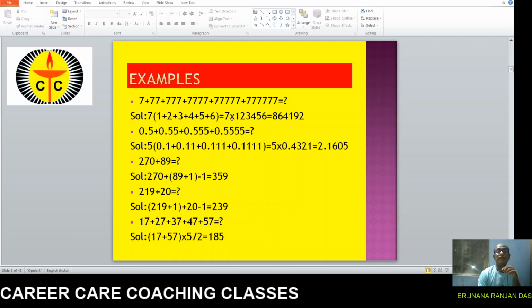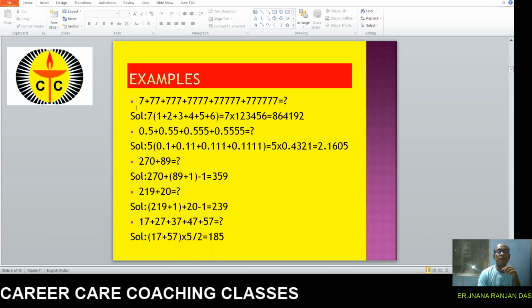That is equal to 7 times the sum of consecutive numbers, we can write 1, 2, 3, 4, 5, 6. And by multiplying by 7, we get 864192. This is the answer.